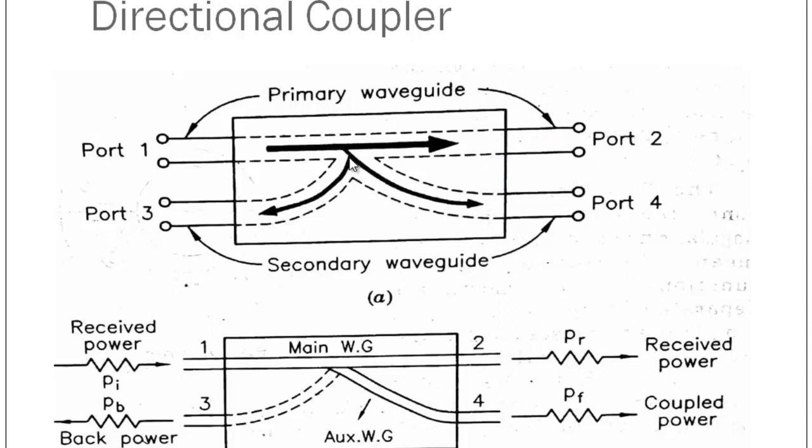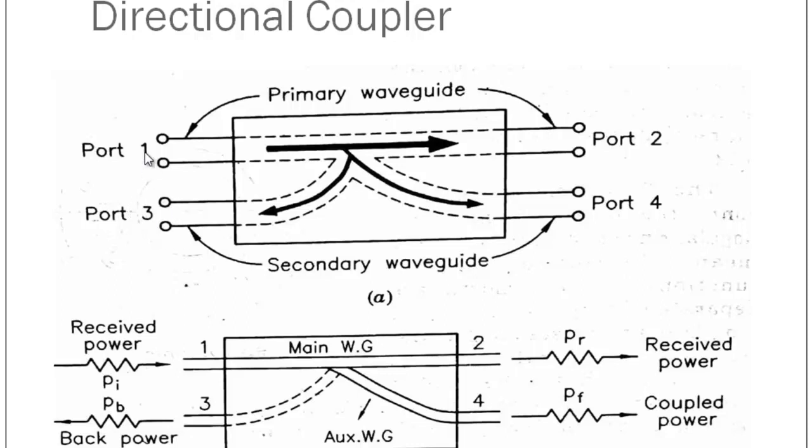The power which comes out of port number 3 is known as the back power. The amount of back power is ideally zero, but practically a very small, negligible amount of power, so we can say it is almost zero. When any signal is input at port number 1, no signal will come out at port number 3.